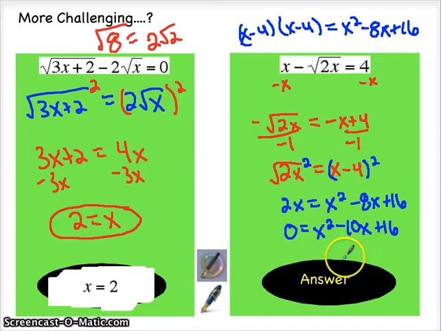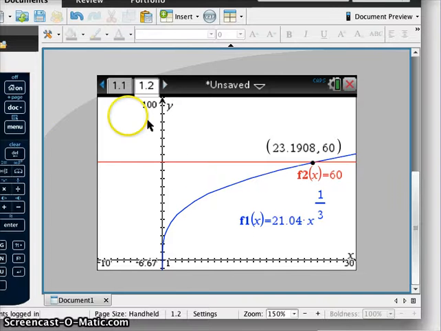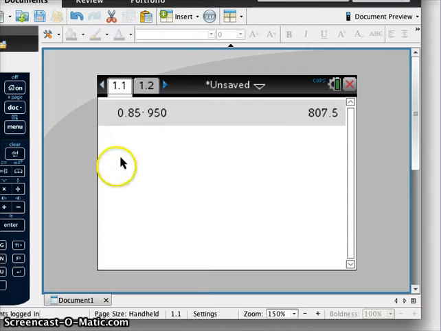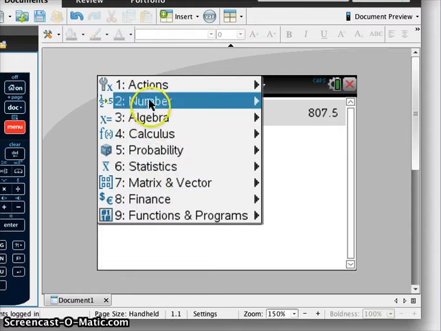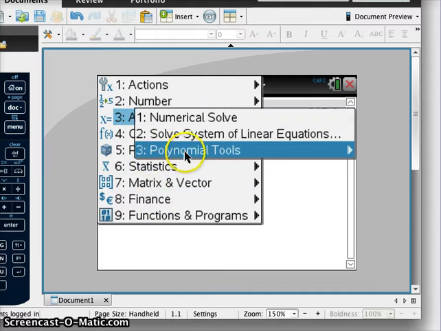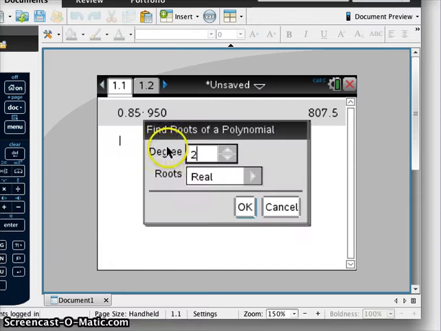And if you throw that into the quadratic formula, or you factor it, or whatever method you would like to use, polyroots on your calculator is always an option. So let's go ahead and do that once. I'm going to go to my calculator, and I'm going to say menu. Well, polyroots, algebra, polytools, find the roots.